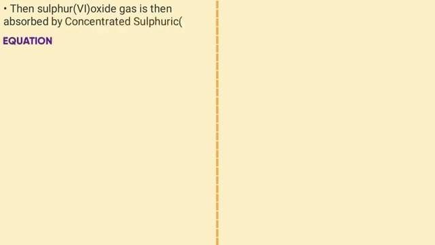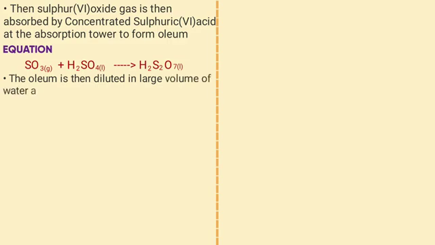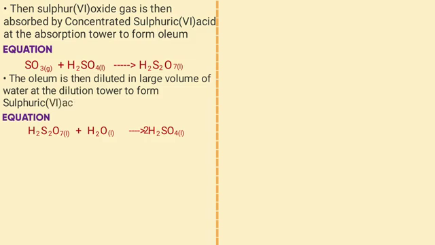The equation is: sulfur (VI) oxide plus sulfuric (VI) acid gives oleum. The oleum is then diluted in a large volume of water in the dilution tower to form sulfuric (VI) acid. The equation is: oleum plus water, arrow, 2 sulfuric (VI) acid.